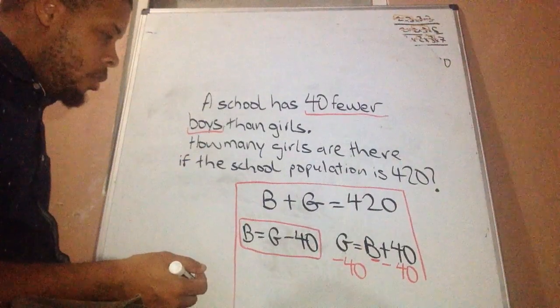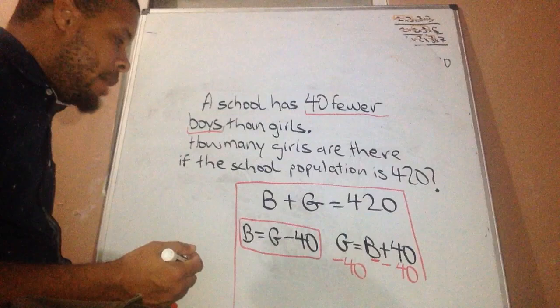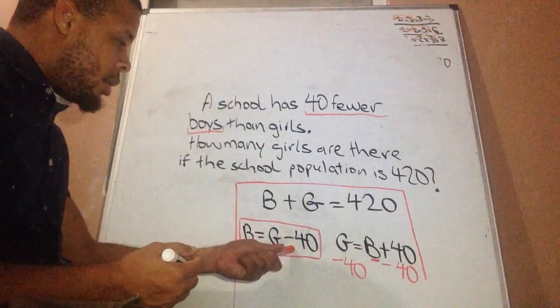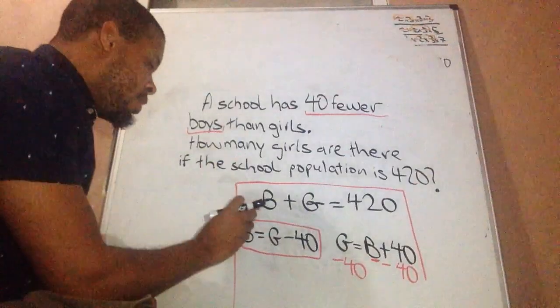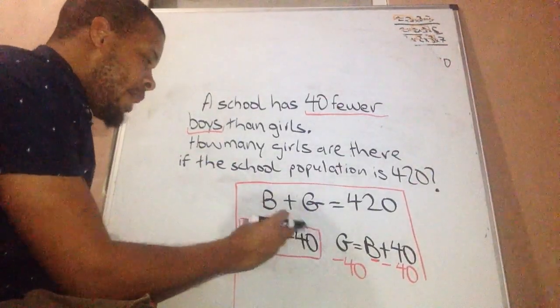Because now we get to do something that we would not be able to do before. If B is this amount, then we are going to change this B that we have right here into G minus 40.